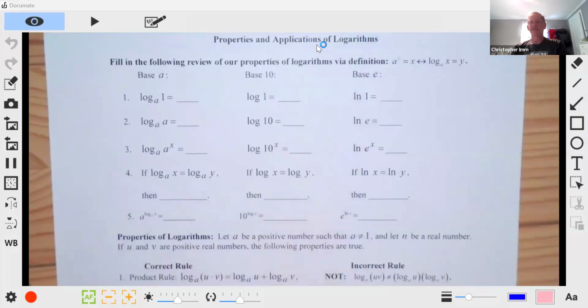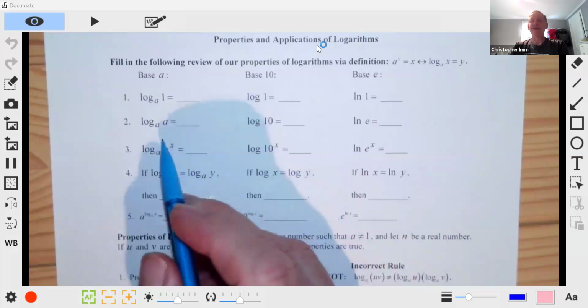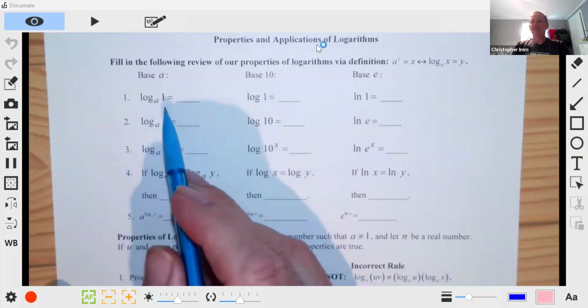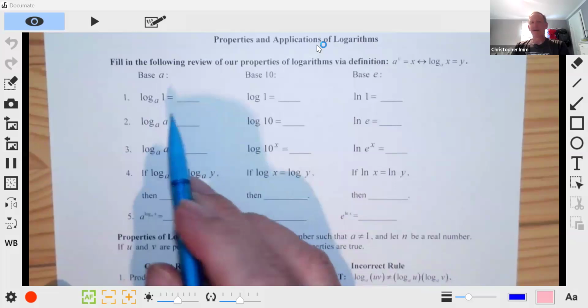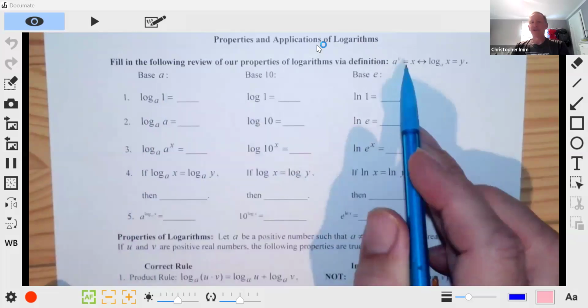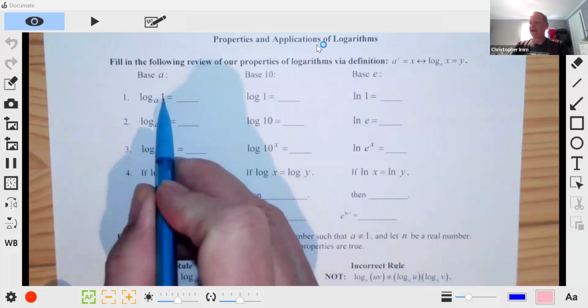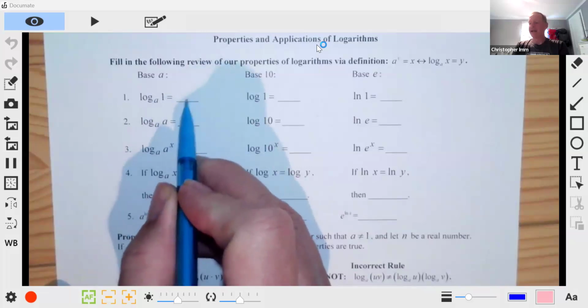So we can use those rules to help us compute some simple logs that we will be using along the way. You might remember from graphing, if we have log of any base of 1, that special point gives us 0. The reason being, if we use this definition, we can say that log base a of 1 is equal to blank.